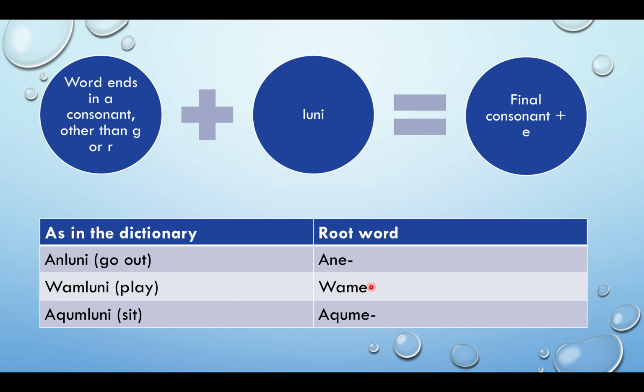Wamluni, you take the luni away and add an E, it's wam. Akumluni, take the luni away and add an E, akum.